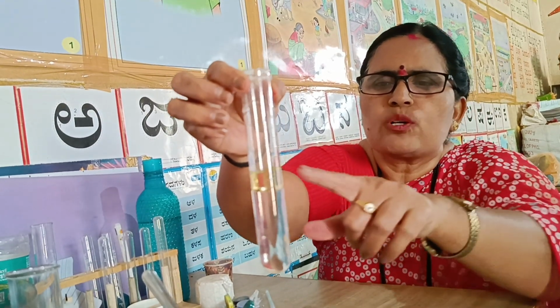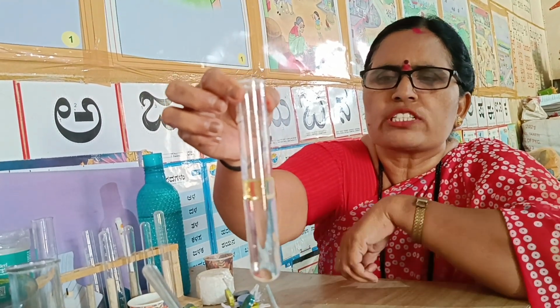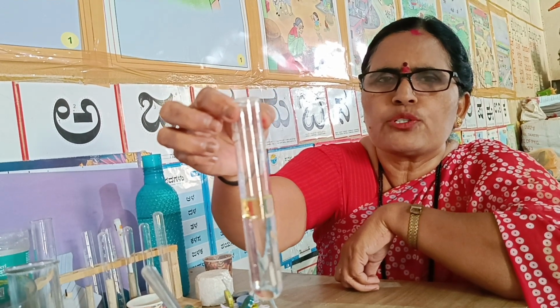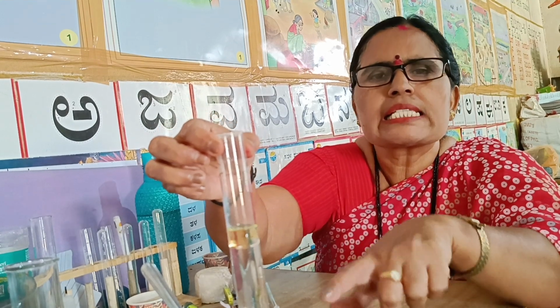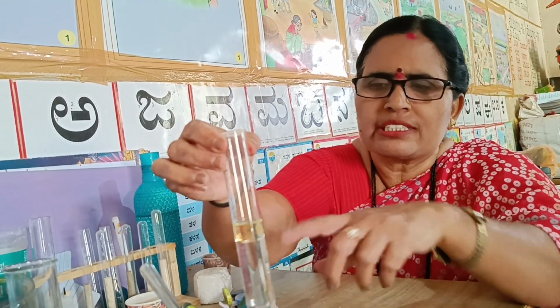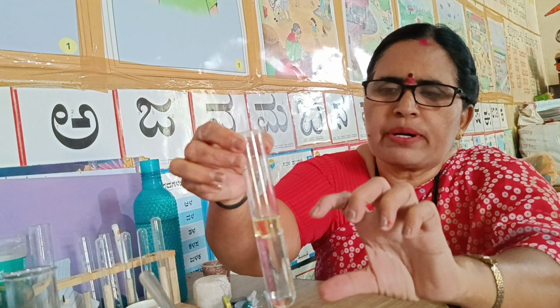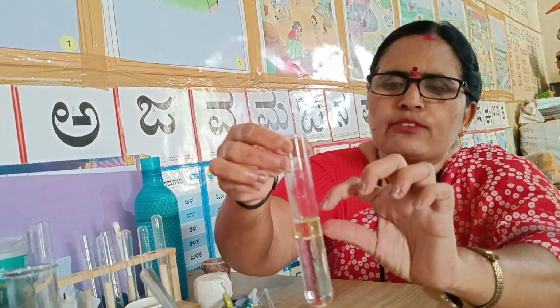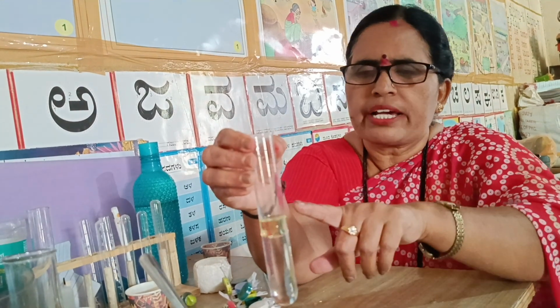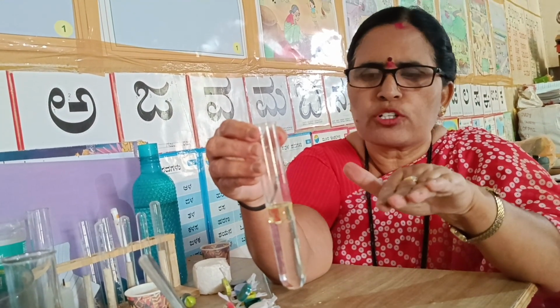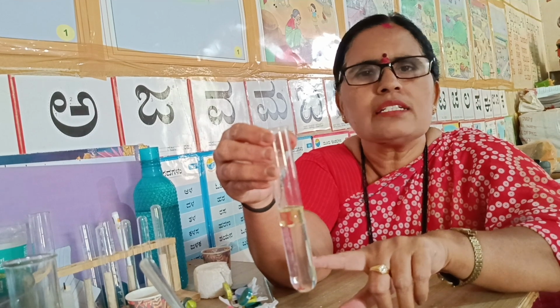The oil is not dissolved in water. This shows the oil is not soluble in water. It is insoluble in water. You can find water in one part and oil floating at the top. So you can find the oil is floating on the water and the water is at the bottom.